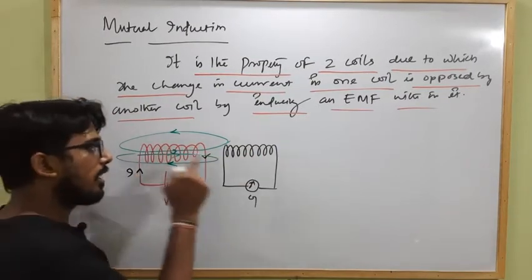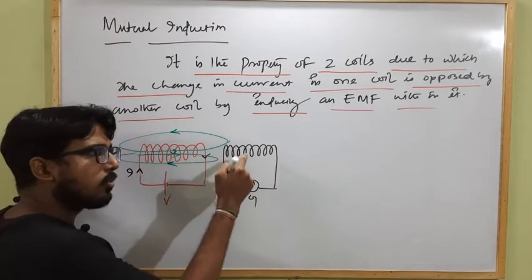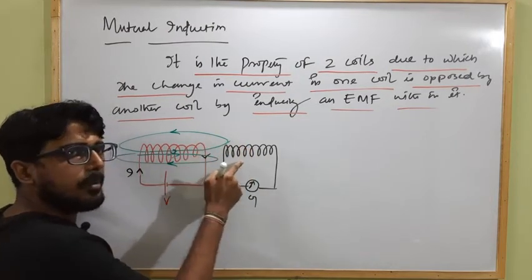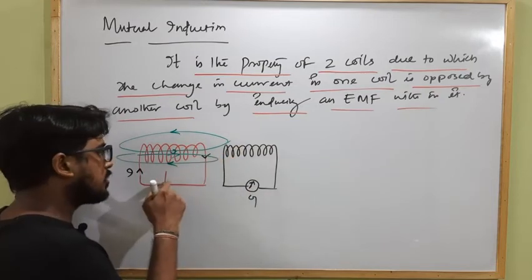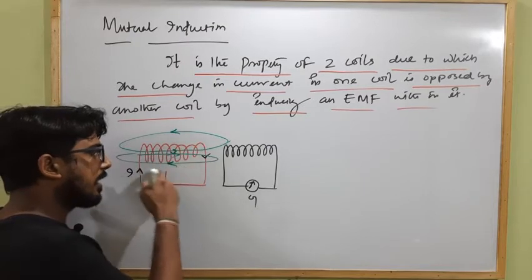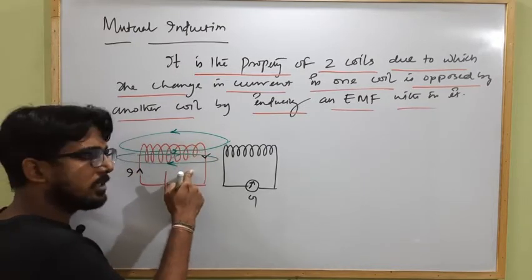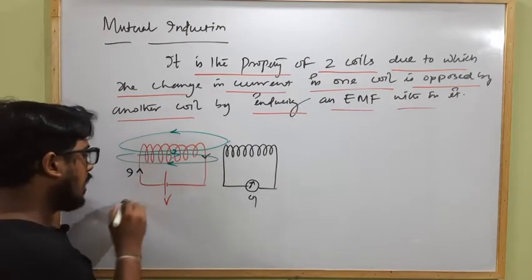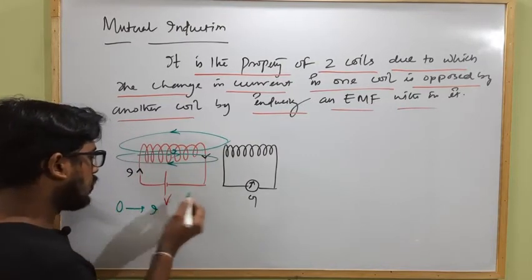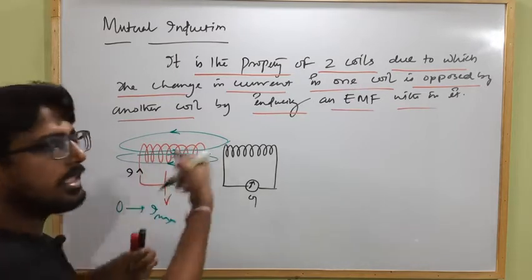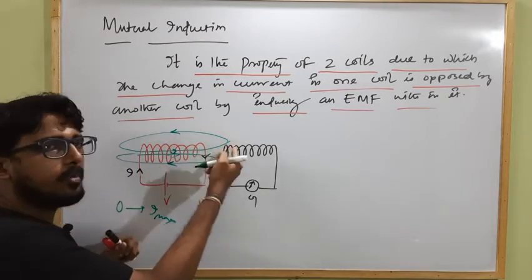And according to Faraday's law of electromagnetic induction, when flux changes, an induced EMF is produced within the coil. As the current starts to flow within this coil, a magnetic field is produced, and as the current goes from 0 to I maximum, the magnetic field changes its magnitude from minimum to maximum.